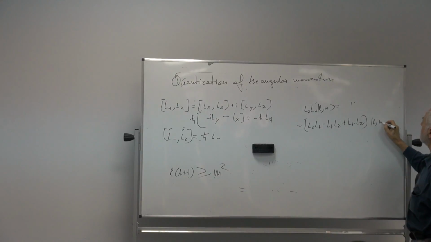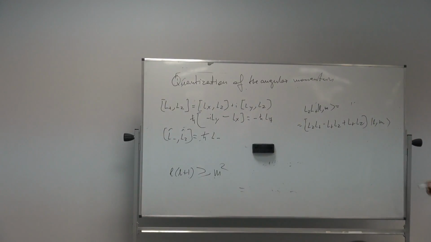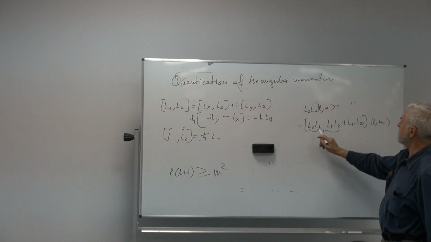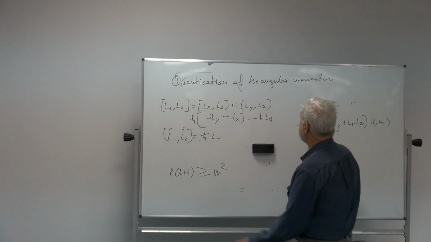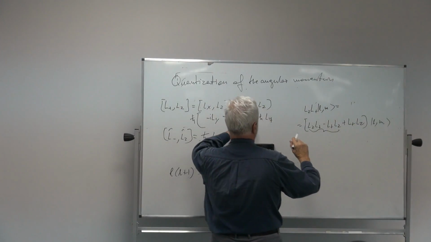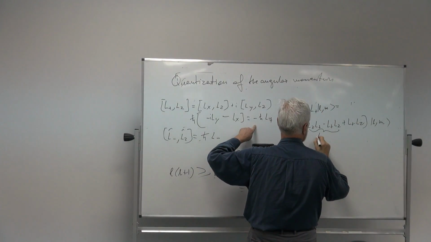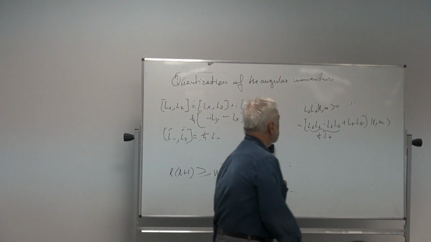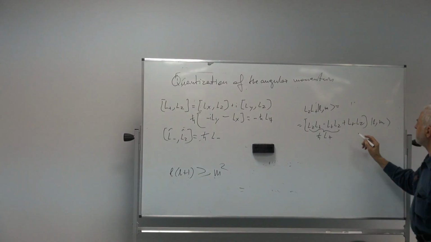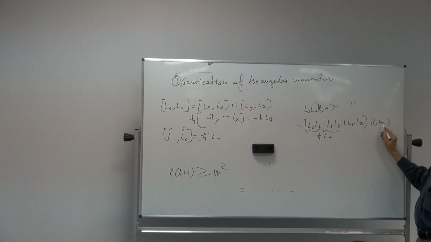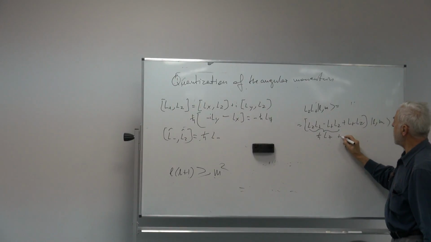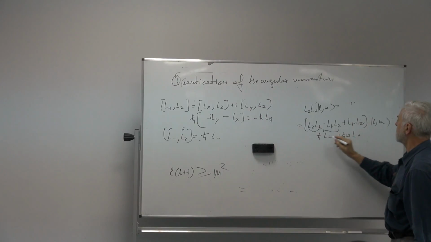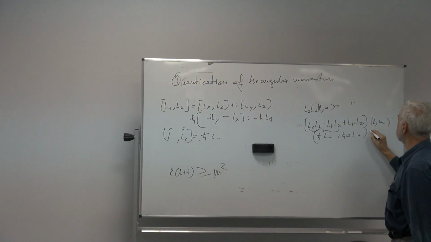Acting on Lm. This is a commutator. It's a commutator of Lz and L plus, so it is in a different order. So this is h bar times L plus. Yes? And Lz acting on this is h bar m times L plus. Everything acting on Lm.